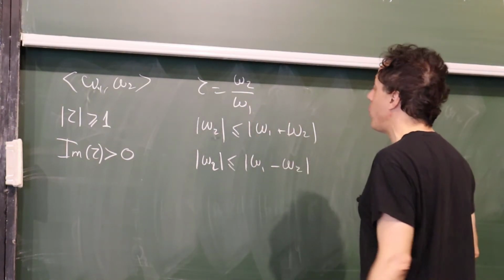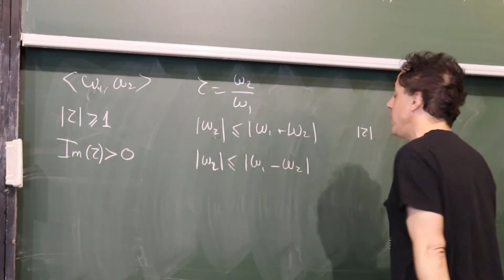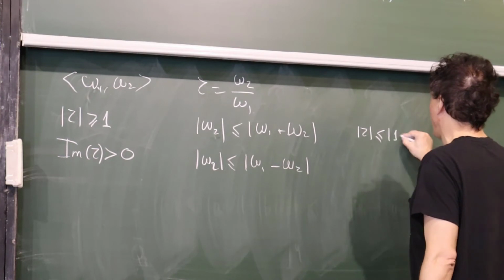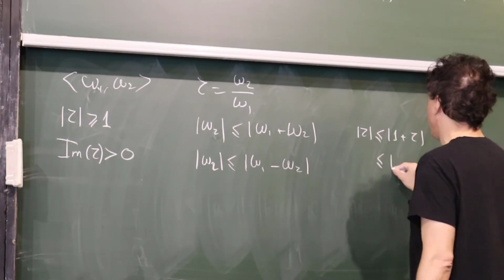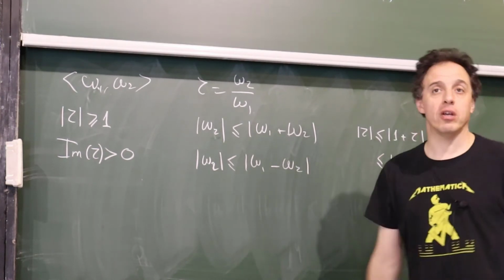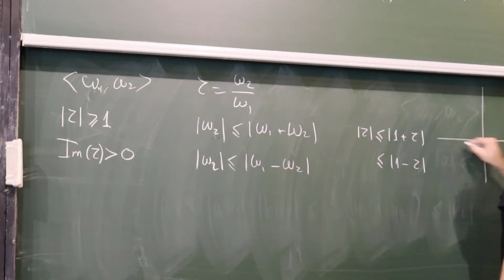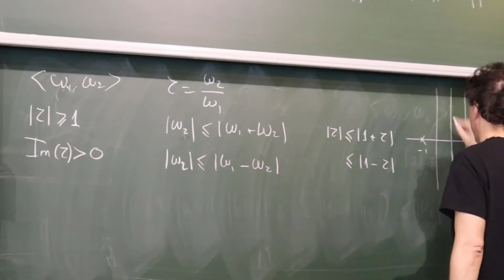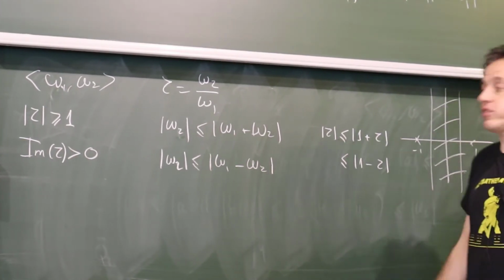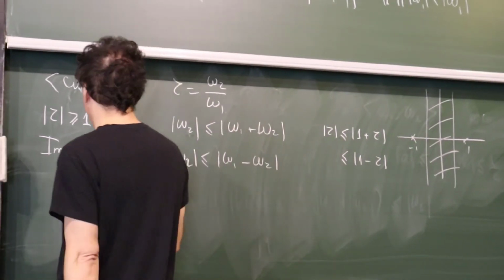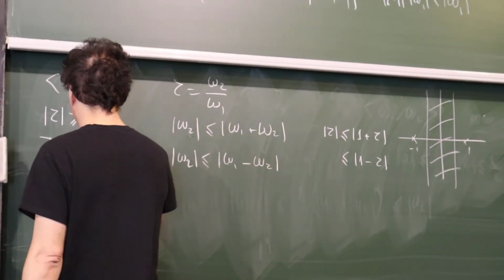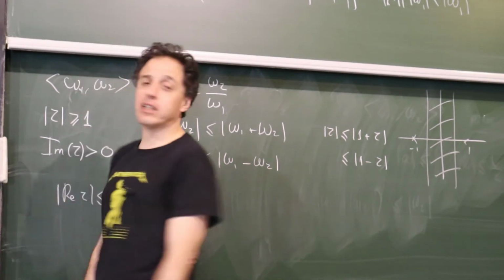Dividing by omega 1, you obtain that the modulus of tau is smaller or equal than the modulus of 1 plus tau, and smaller or equal than the modulus of 1 minus tau. So tau is closer to 0 than to 1 or to minus 1, and therefore tau is necessarily here. So we can assume that the absolute value of the real part of tau is at most 1 over 2.